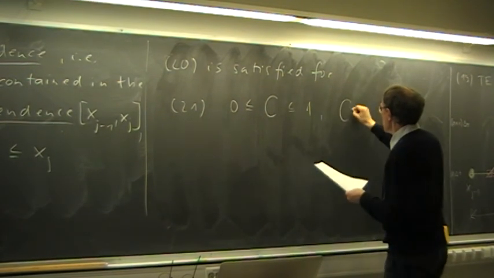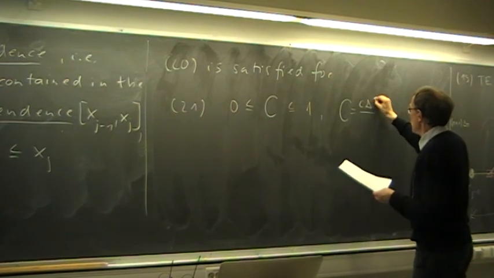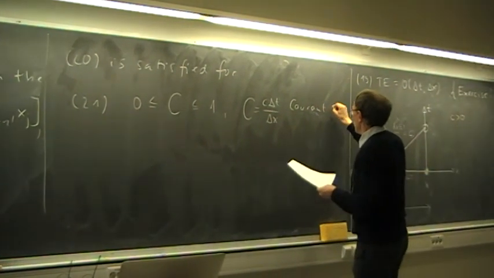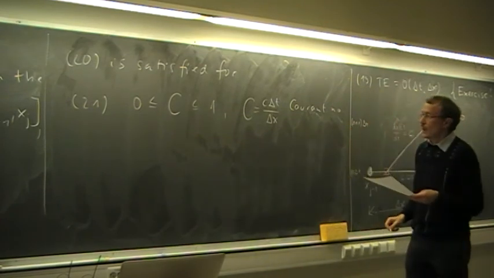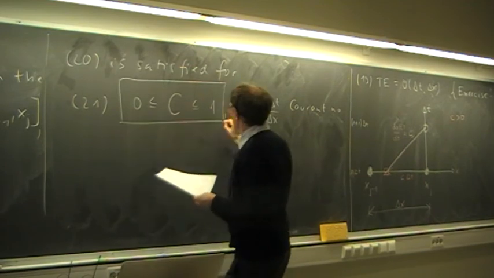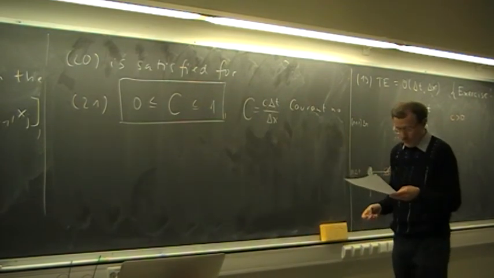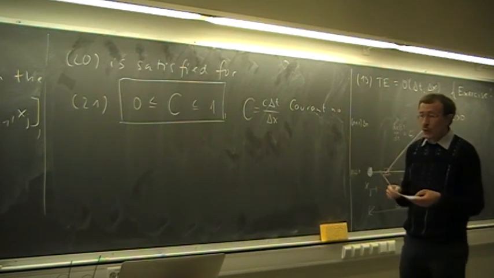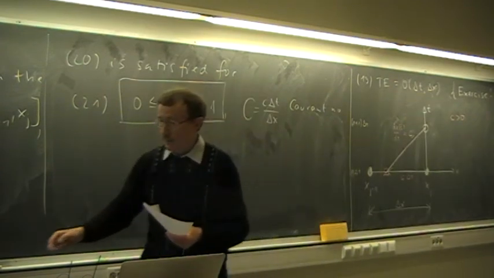And c again is, I write again, c delta t divided by delta x, the Courant number. So that is the condition that we get from this argument. And this condition is called the CFL condition.